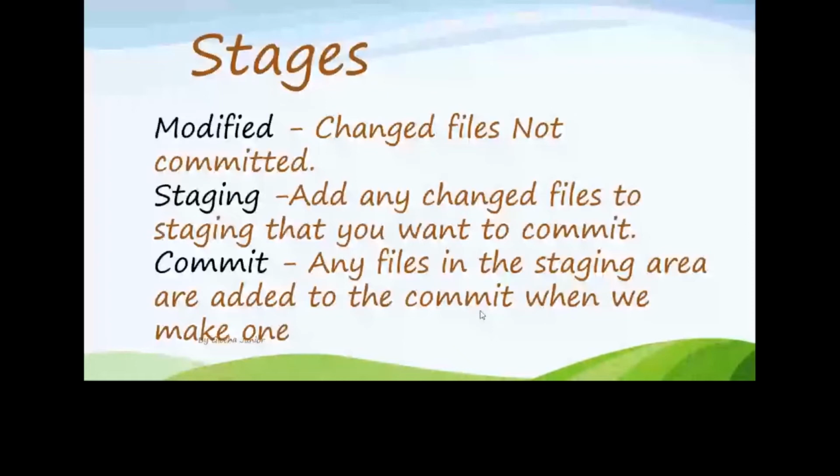You have to add any changed files that you want to commit to staging. Then there is another stage called commit. This is where you save to your local repository. Any files in the staging area are added to the commit when we make one.